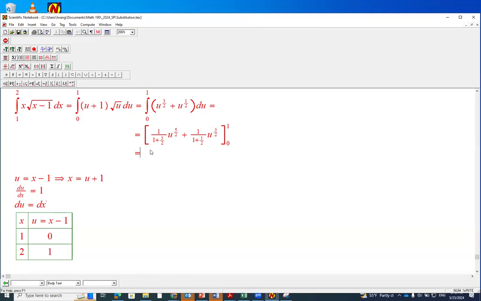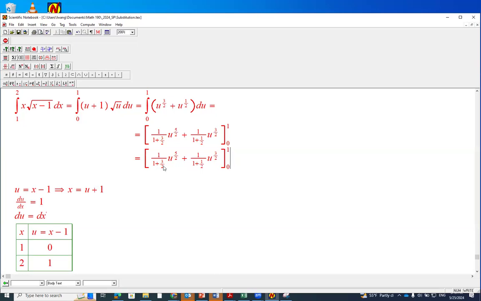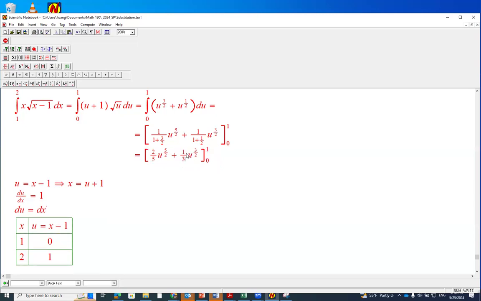So the next step should be like this. Equals to, and we're going to take our time to simplify what's in the bracket. This is a 5/2. 1 over 5/2 is 2/5. And this is a 3/2 under 1, so that's going to be 2/3.